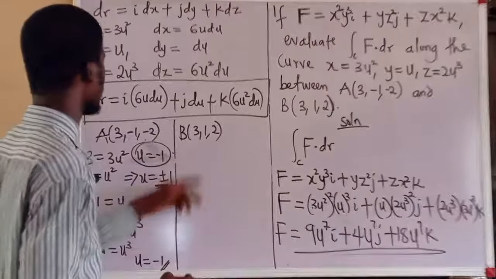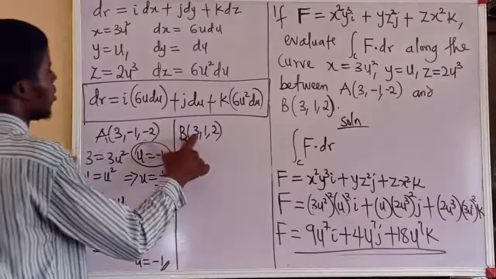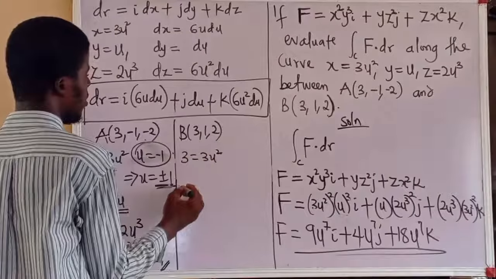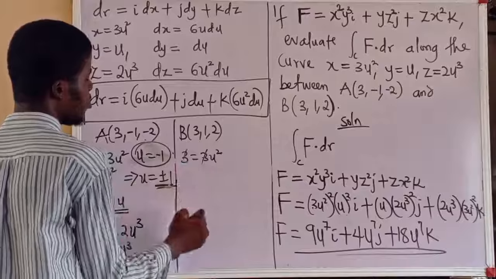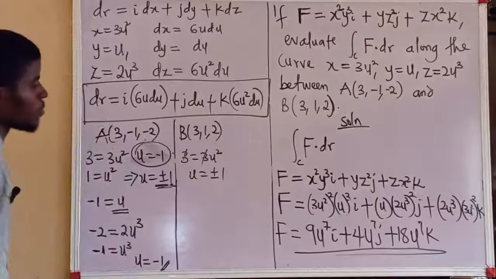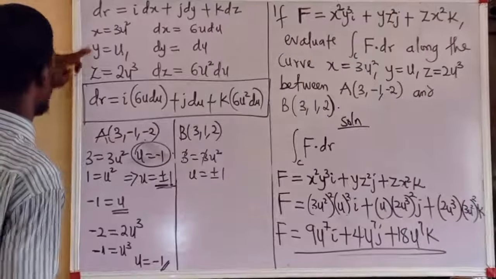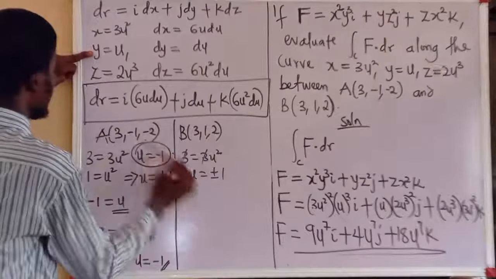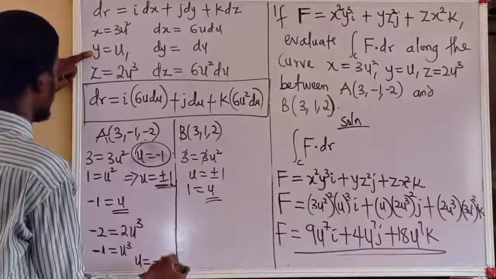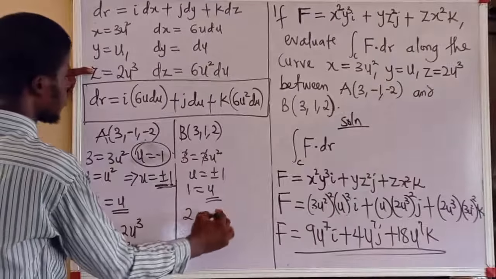For this point, plug in 3 here. 3 equal to 3u squared. This means that u equal to plus or minus 1. For here we have, plug in 1 here. 1 equal to u. Plug in 2 here.